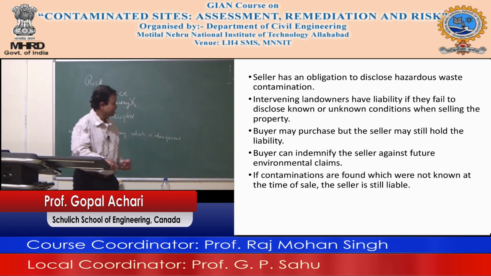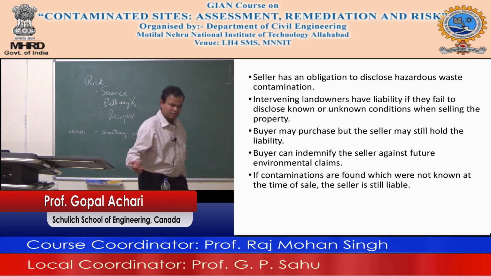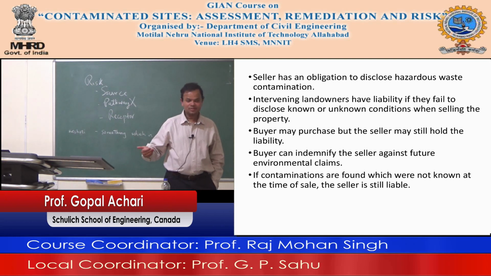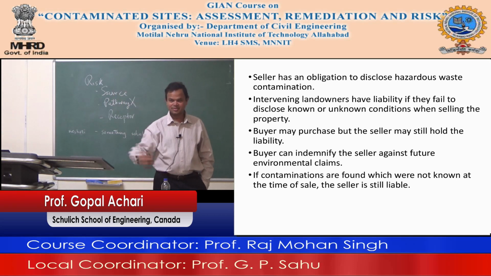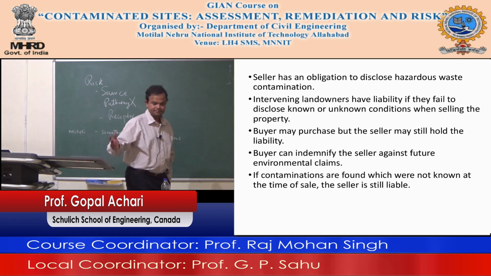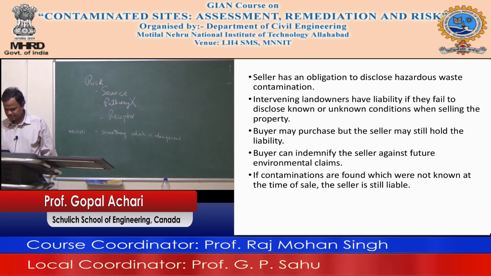And if contamination is found which was not known at the time of sale, the seller is still liable. So if I sell it to you and you have done your due diligence, still not found everything, and come back in five years' time and find there is something seeping out of the ground somewhere, then I still hold that liability. There are some other ideas.